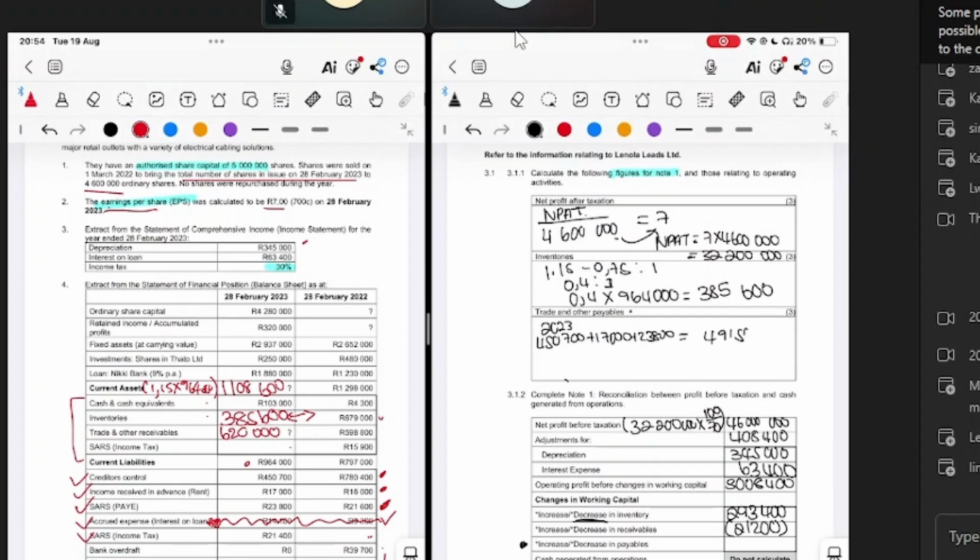So that's 491,500. And then for 2024, we have 780,400 plus 16,000 plus our pay of 21,600.